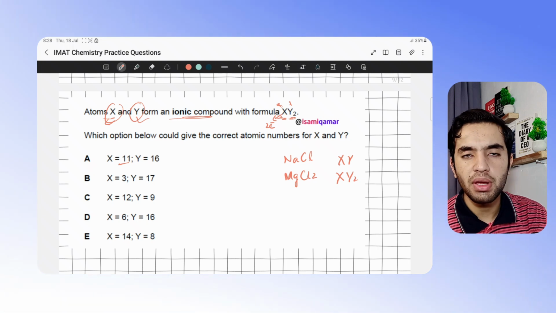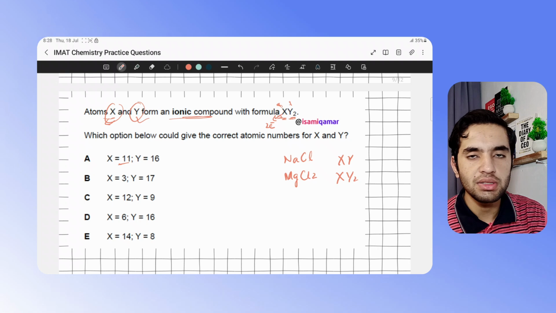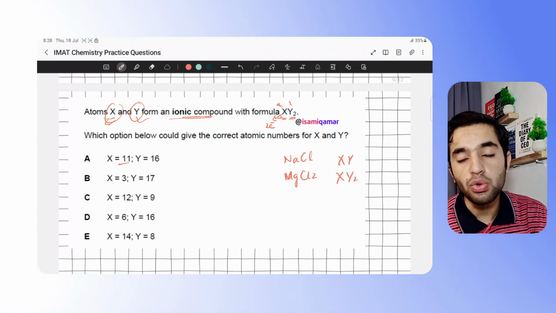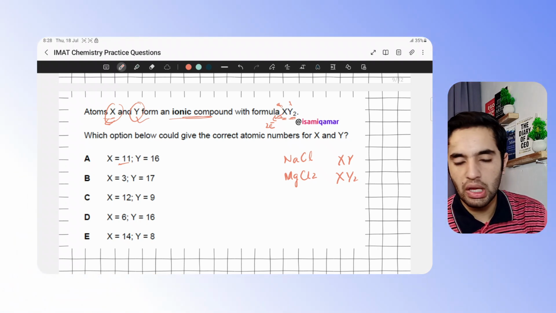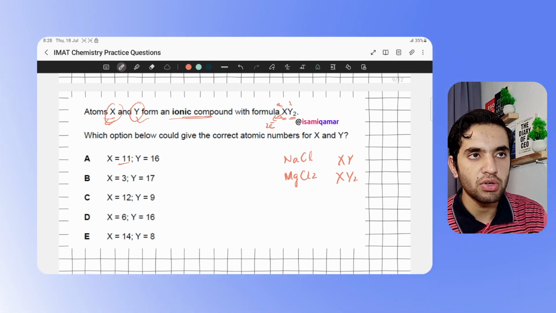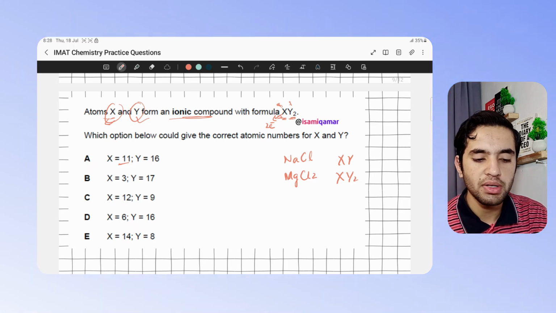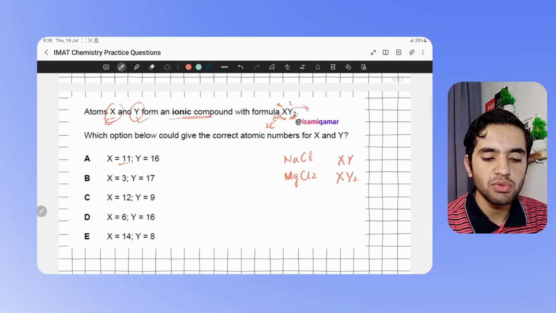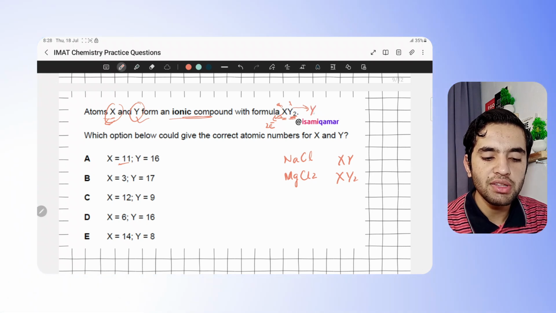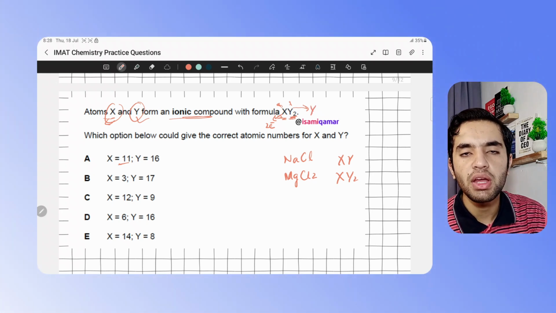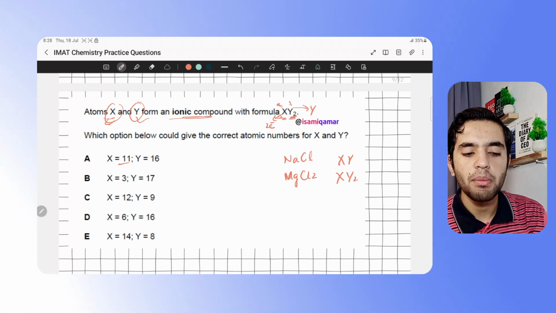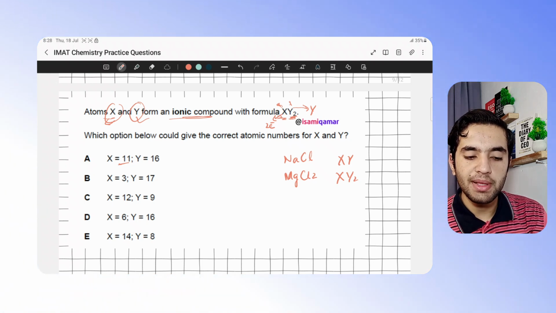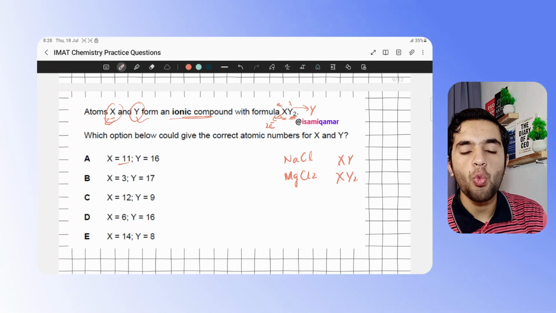Sorry, not duplet. It can be octet, but it has a valency of 2 electrons to share to get stable. Either it wants to obey the octet rule or the duplet rule, whatever it is. But because there are 2 atoms of Y, each Y has a valency of getting 1 electron.